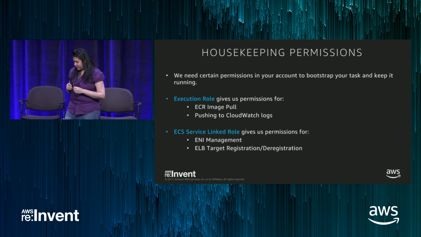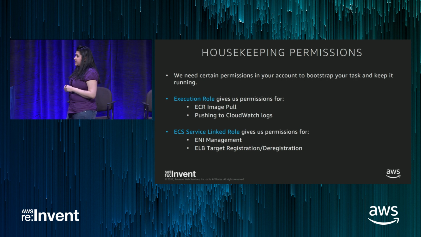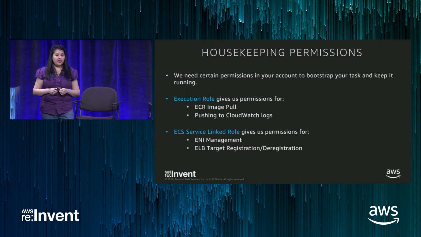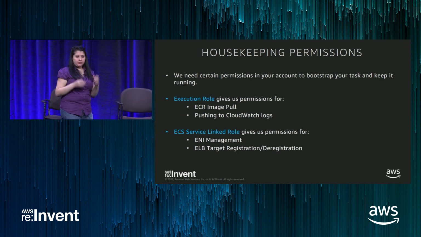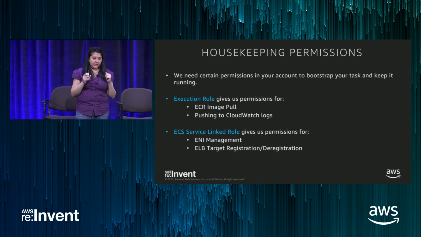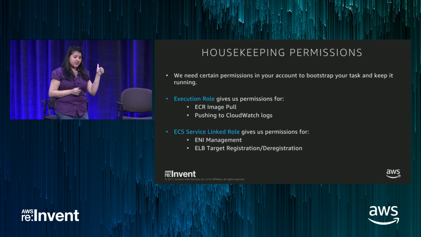All right, housekeeping permissions. As I mentioned before, housekeeping permissions allow us to perform management activities during the life cycle of your task. There are two ways in which you give us these permissions to keep your task running. The first one is an execution role. The execution role gives us permissions to pull your image and push your CloudWatch logs.